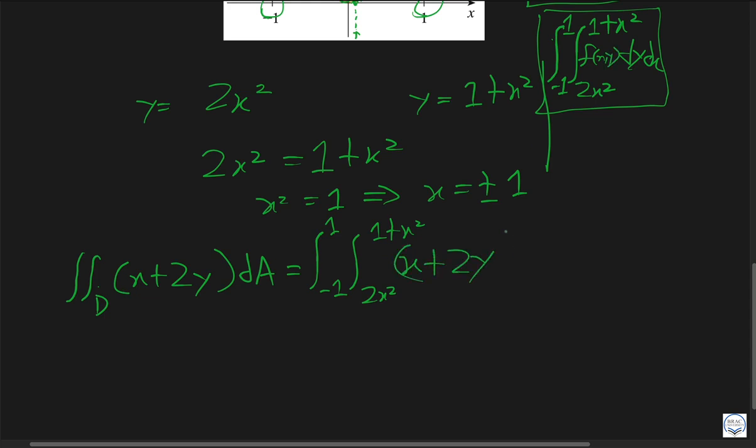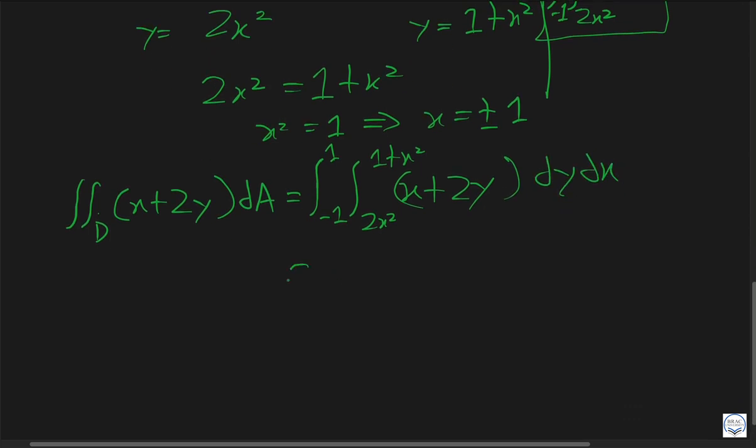Here we should have our function: x plus twice y. We do the y integral first and then the x integral. So x will be treated as a constant when we do the inner one. So this means that we'll have y.